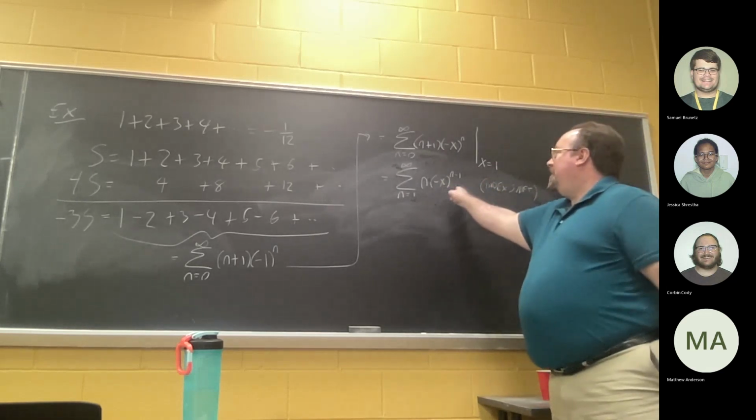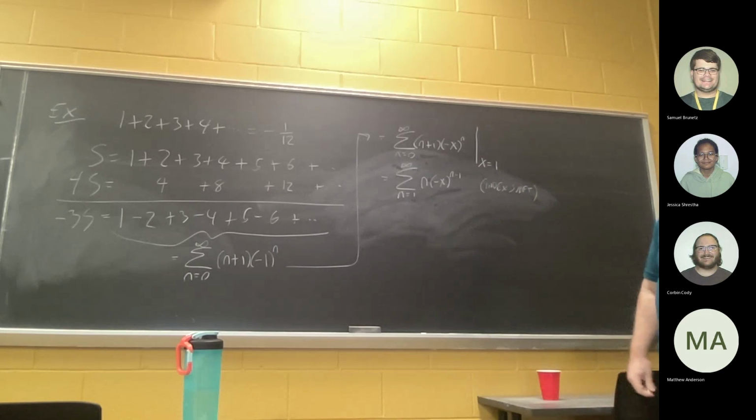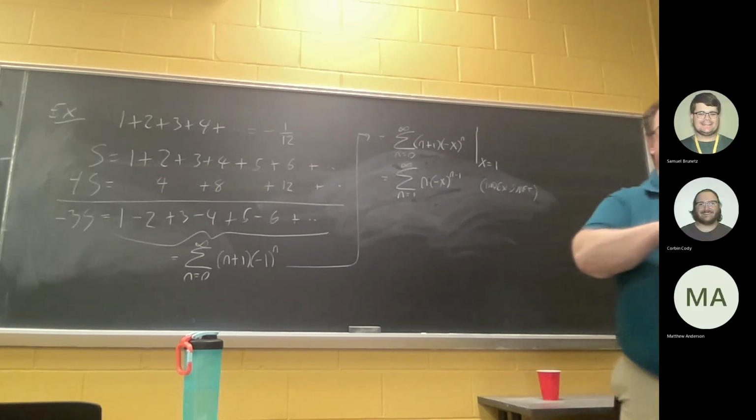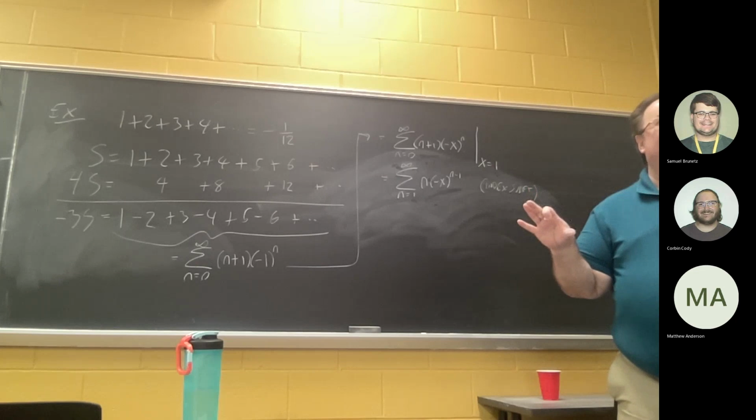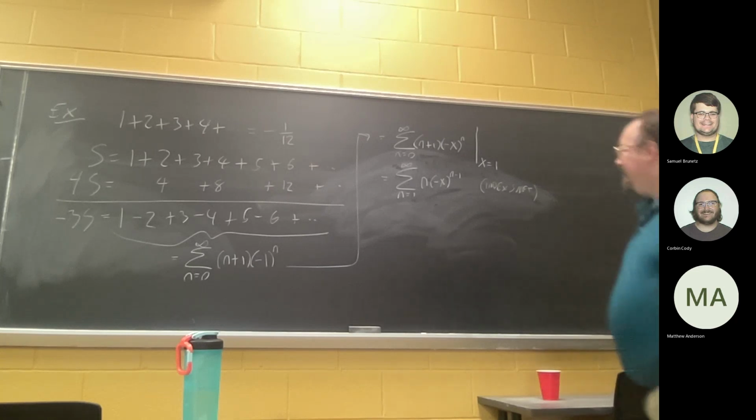Can anyone tell me what this is? You've seen this before, just with x instead of minus x. This is not about the series itself, but just that expression, n x to the n minus 1. You have all definitely seen this. Derivative, power rule.